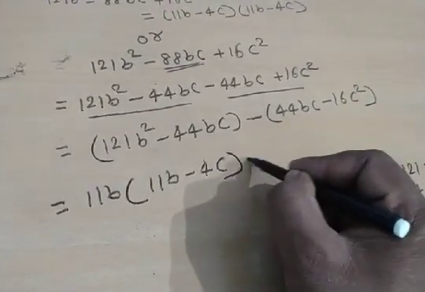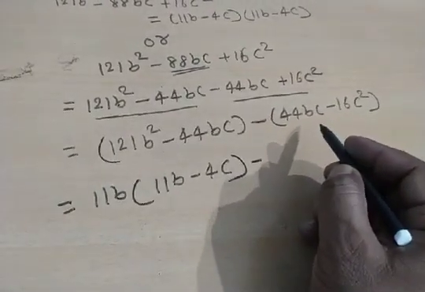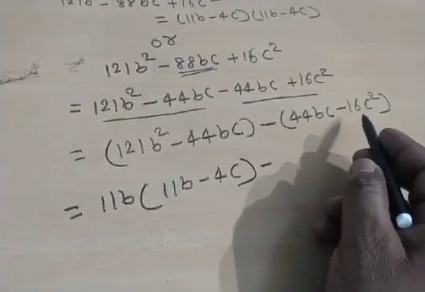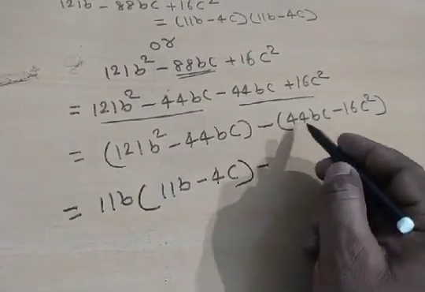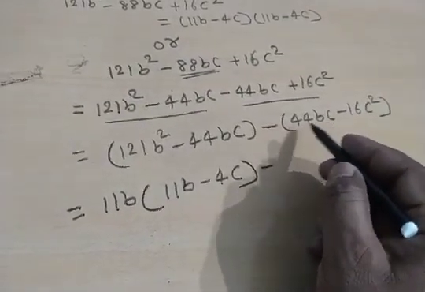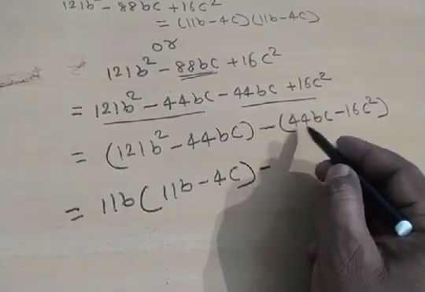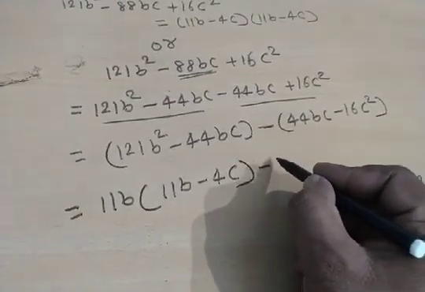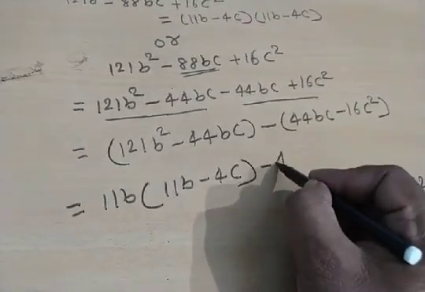And what is common in this bracket? Tell me. Four. Here 11 into 4, 4 into 4, and also C. So you can take common 4C.